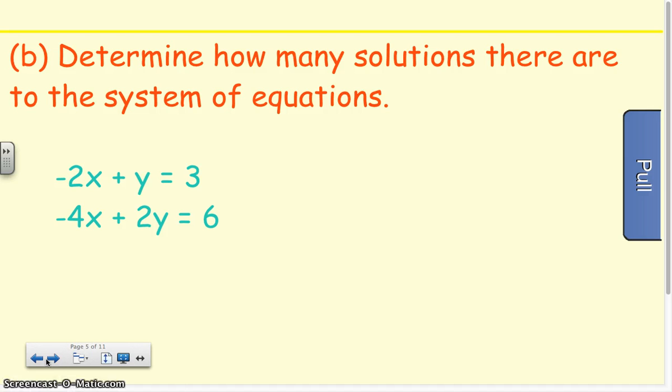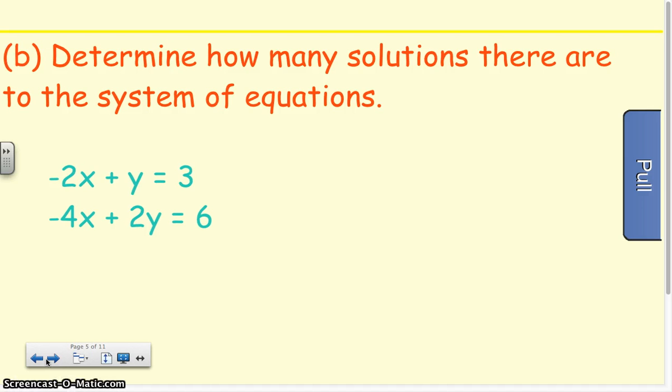Okay, moving to the next example. I have negative 2x plus y is equal to 3. I want to solve this system my normal way. So I look at it and I think, what variable do I want to cancel? I usually cancel the first one. It really doesn't matter. Some of you like to cancel out the y's, some of you like to cancel out the x. It's no big deal, as we will all get to the same answer.